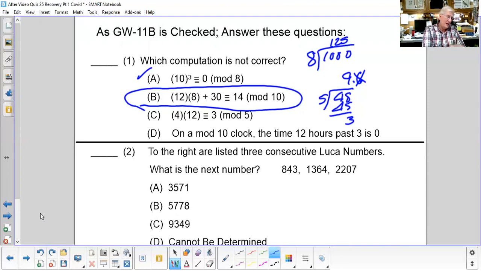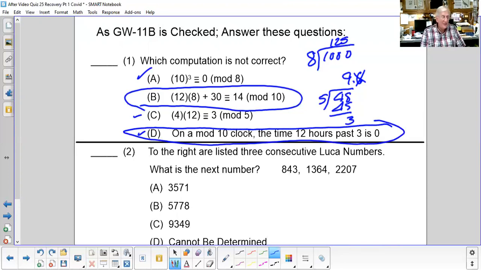So C and D also check out. All right, well, wait a minute. It says which computation is not correct. On a mod 10 clock, the time 12 hours past 3 is 0. This is also not correct, right? So it turns out there are actually 2 answers there which were not correct in that group of answers. Okay, so A and B were fine.